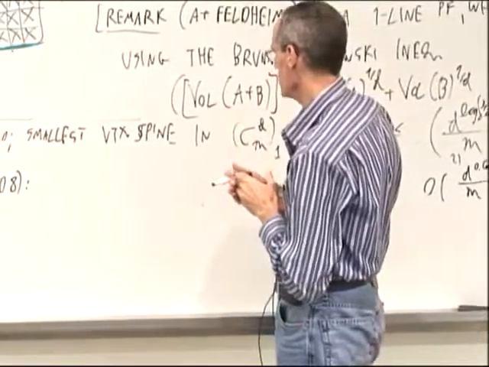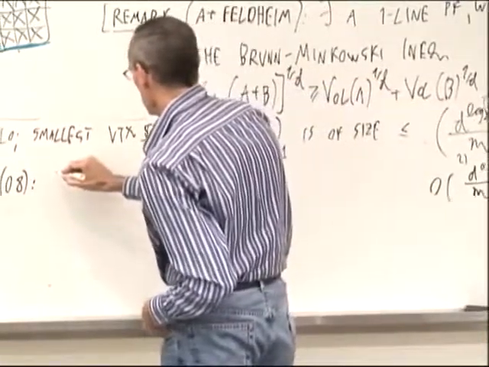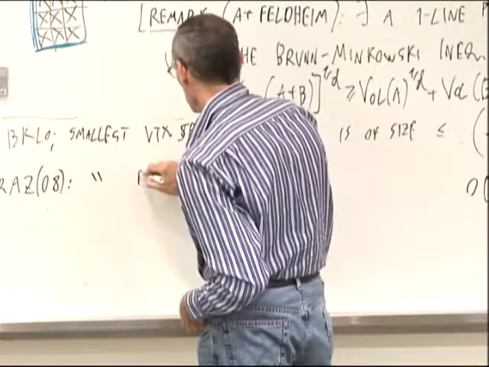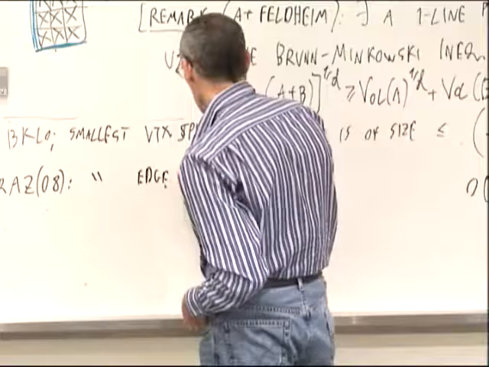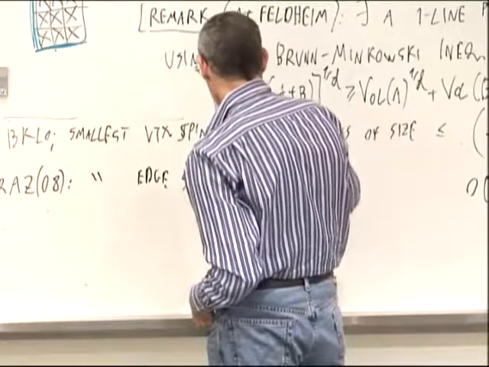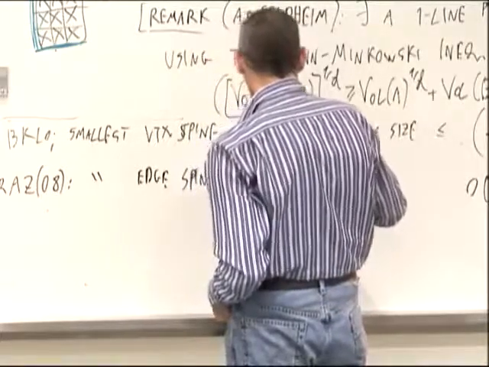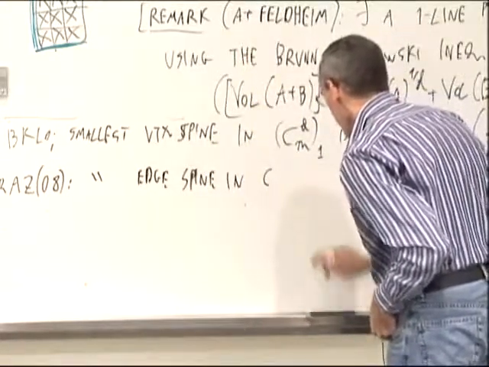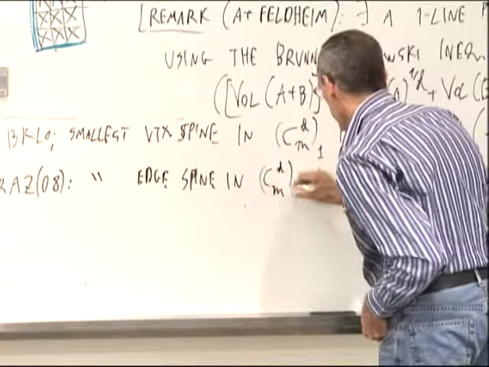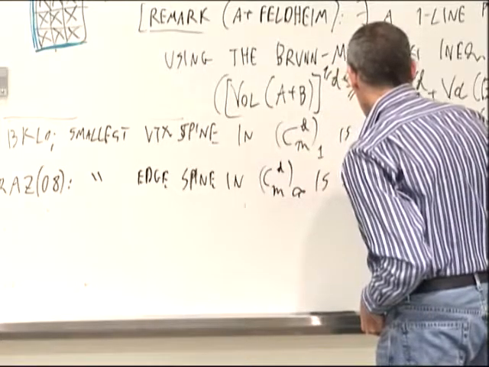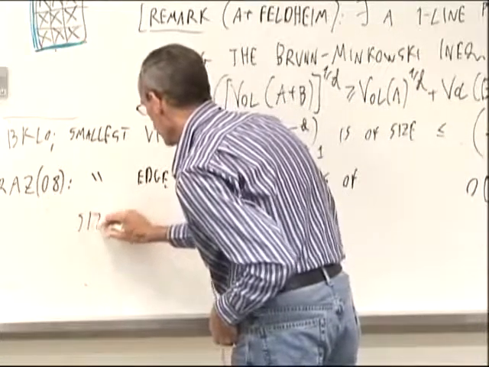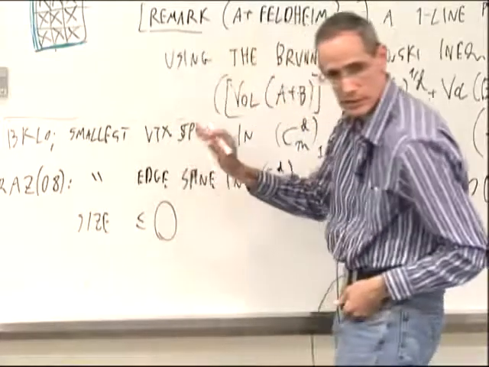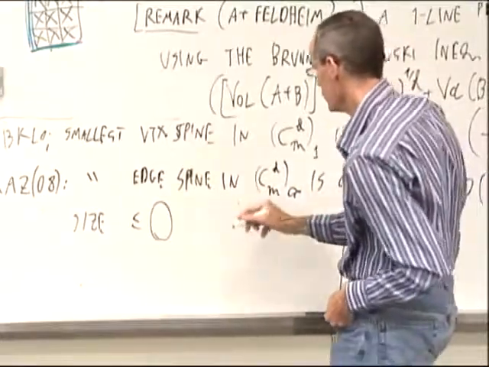This somehow was surprising, and it says the smallest edge spine in Z^d, as a fraction, is of size at most, and here definitely there is a constant, but it's just an absolute constant.